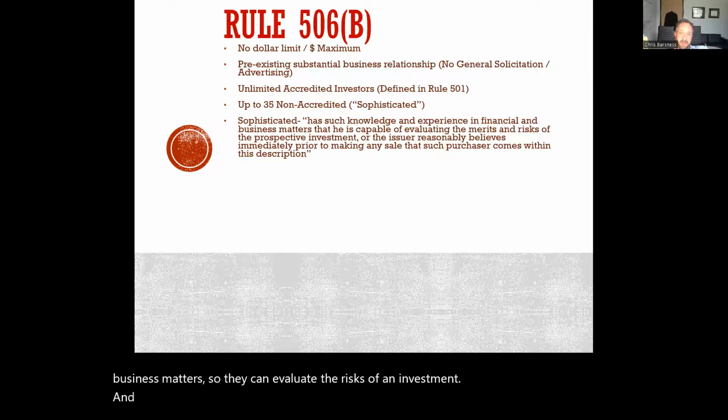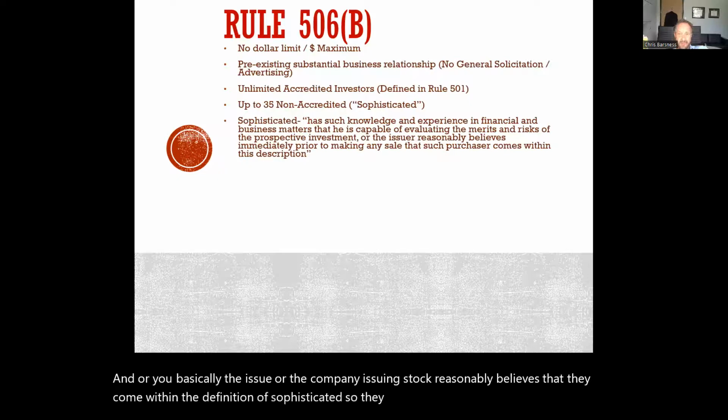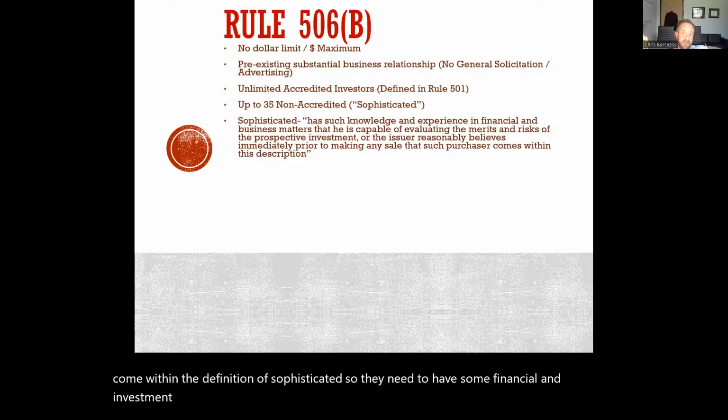Or basically the issuer, the company issuing stock, reasonably believes that they come within the definition of sophisticated. So they need to have some financial and investment experience. And basically, if they potentially lose all of their money, it's not going to severely impact them.